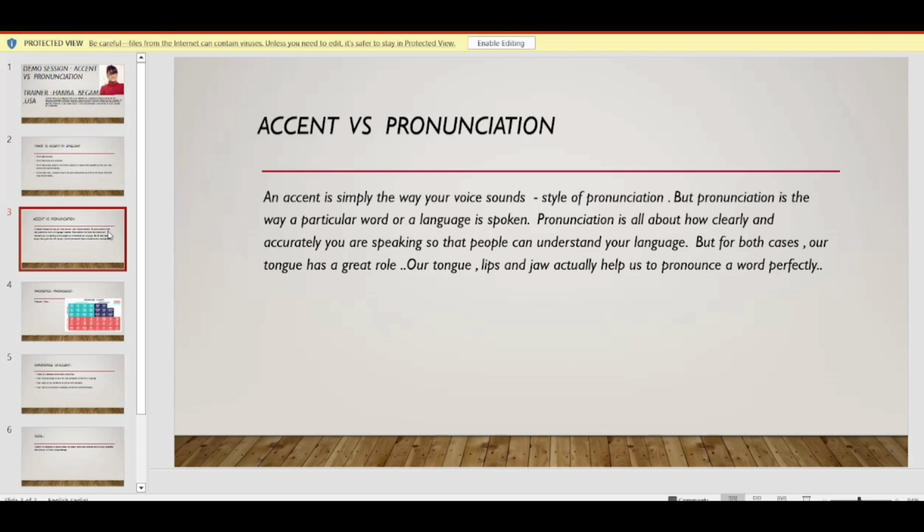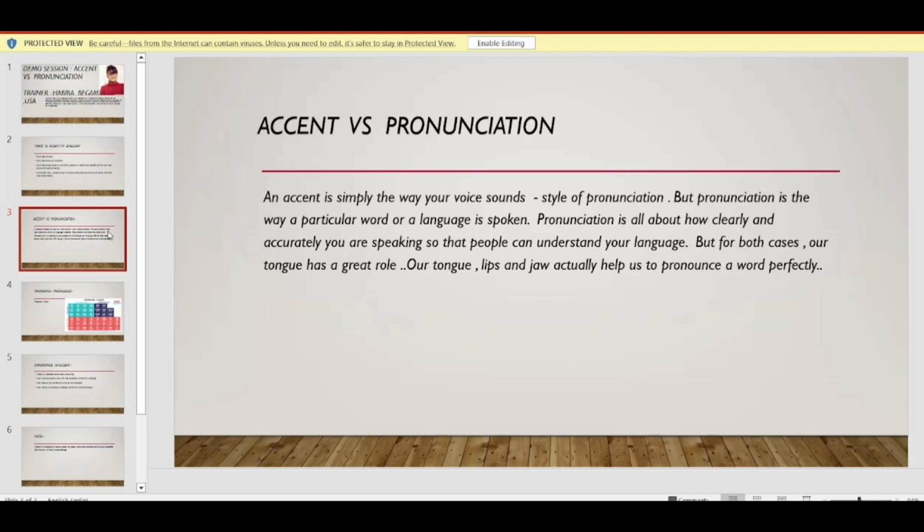For example, American people speak in a different way because they roll their tongue a lot while they speak to anyone. So always remember it. If you want to speak like American people, you just have to do one thing. You have to roll your tongue inside your mouth, and automatically your English sounds like American. This is not very hard, but obviously it will take time.